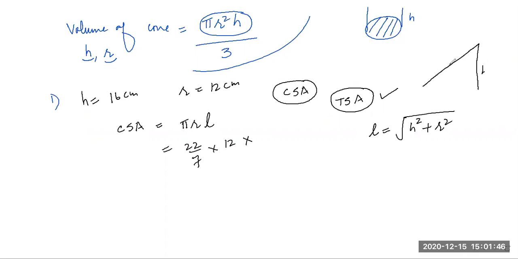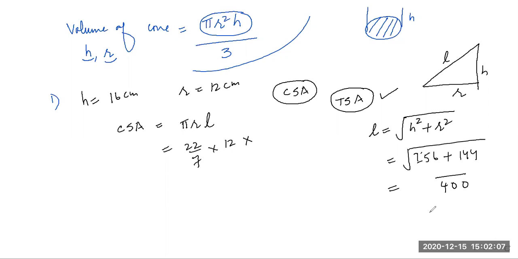This is h, this is L, and this is my radius. So L will be the square root of 16 square, which is 256, plus r square, which is 144. So this is the square root of 400, which is simply 20 centimeter. L is 20, I put 20 here.